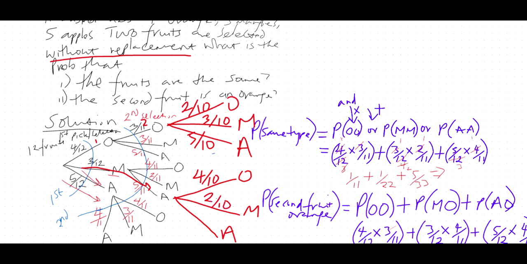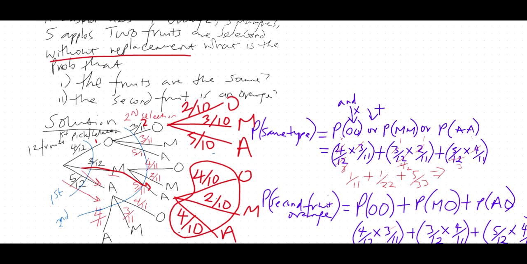And then I picked a mango and an orange. So the number of oranges remaining will now be 4 out of 10. And you can see again, if I add these probabilities here, they are supposed to give me 10 over 10, which is 1. So the question could be asking you to pick several fruits.